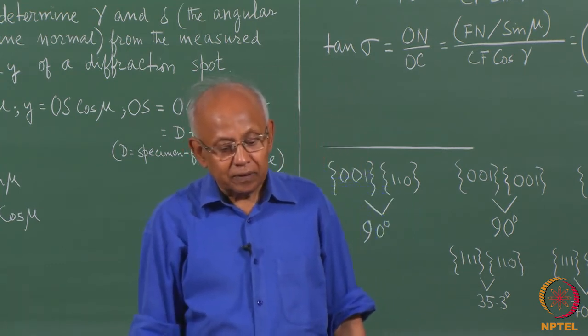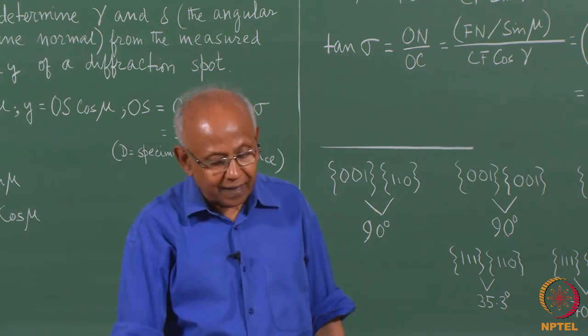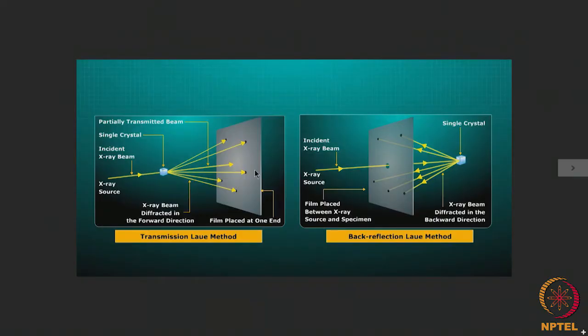Now, when we look at the transmission Laue method, here the single crystal is placed in between the X-ray source and the film, and the diffracted radiation from the different crystal planes will intersect the film at definite points or spots.